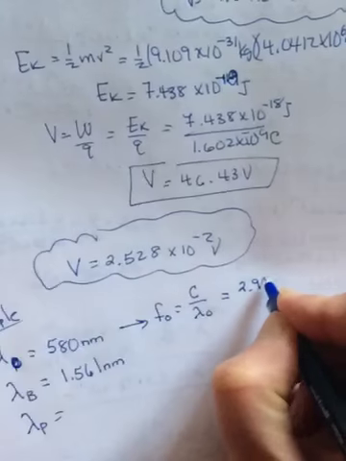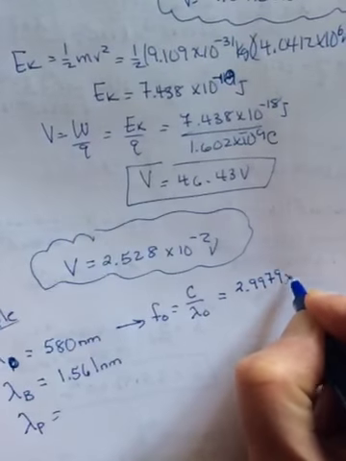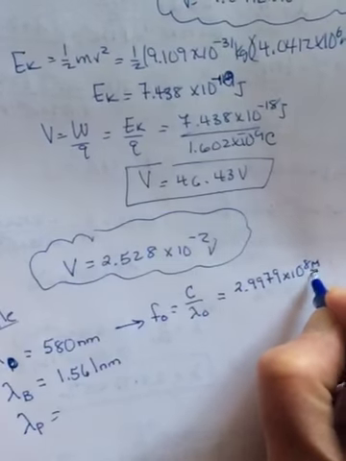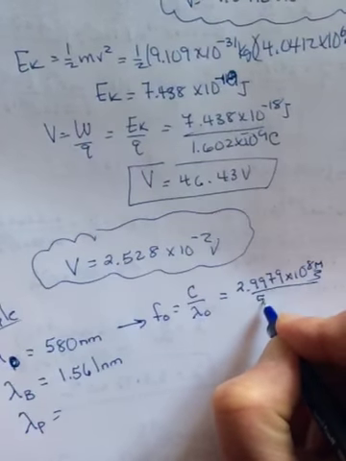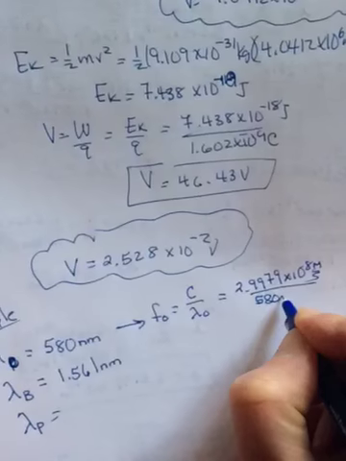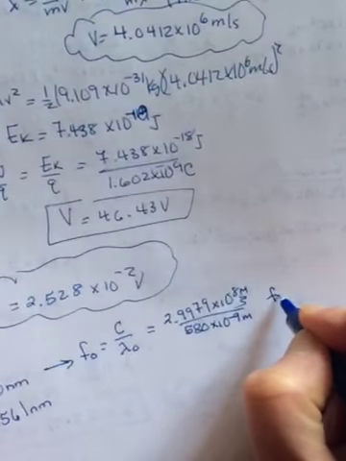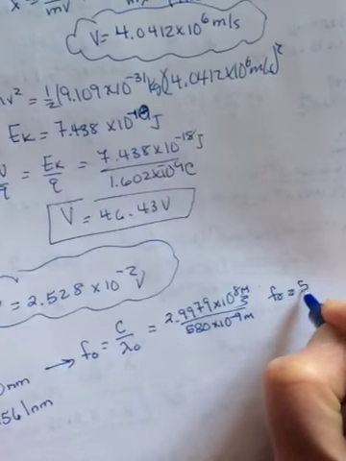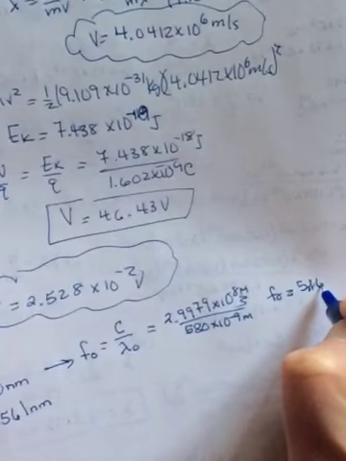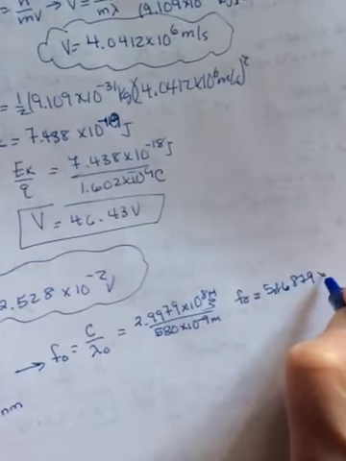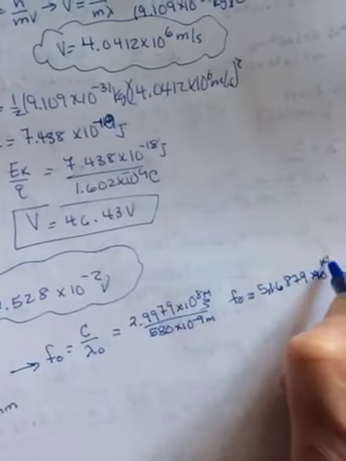So 2.9979 times 10 to the 8th meters per second over 580 times 10 to the negative 9. When you do that math, you get an F O of 5.16879 times 10 to the 14th.